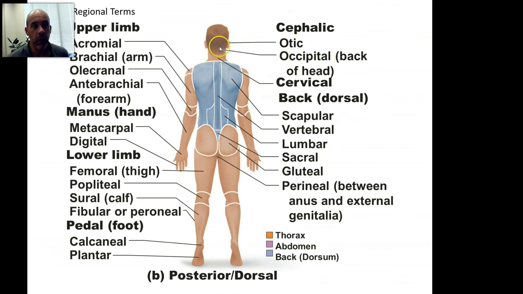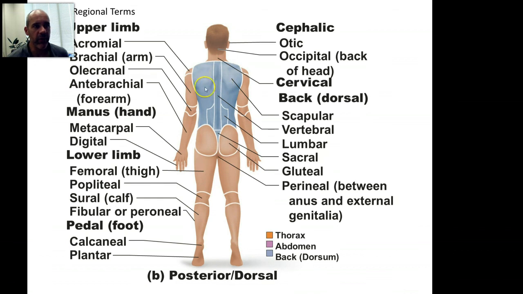Occipital, the lower back portion of the head, one of your skull bones located back here on the dorsal side. The dorsal inferior portion of the skull is called the occipital bone, so we'll be hearing that one again. The whole back area in here can be referred to as the dorsal region of the body. Scapular, your shoulder blades, each one is a scapula, plural scapulae.